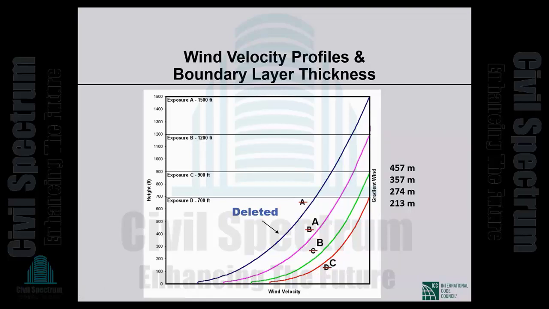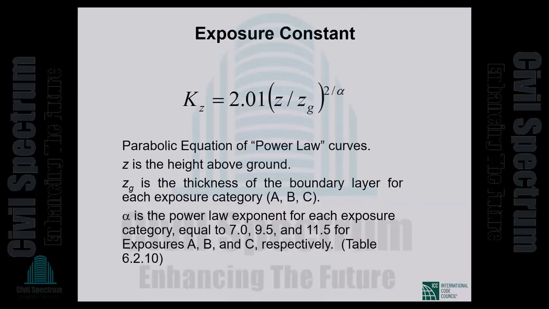you see the combined effect of height and exposure. It tells you how quickly wind velocity increases with height above ground level. What is plotted on the previous figure can be expressed mathematically like this. K sub Z is a constant times Z, any height above ground level, divided by the gradient height that I talked about, the 700 feet for what we call exposure D, to the power 2 over alpha.